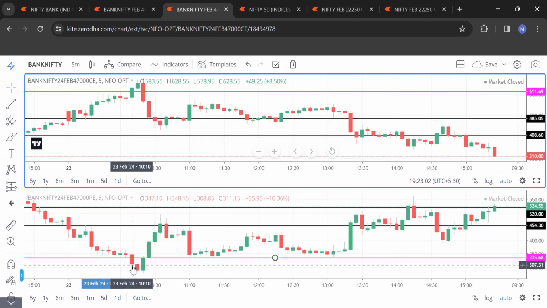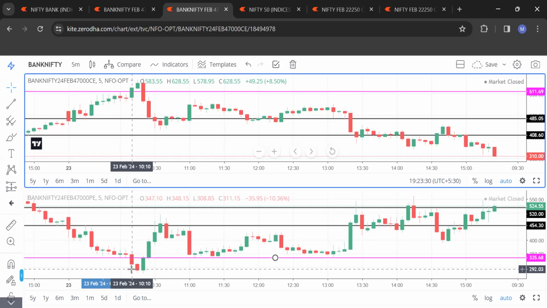Now we multiply 6.94 by 6.94, and the answer is 48.16. So the candle which broke below the line has to be bigger than 48. Then only can we assume that there is strength and the price will fall further.